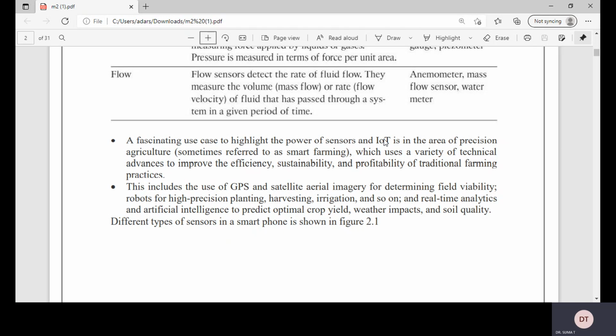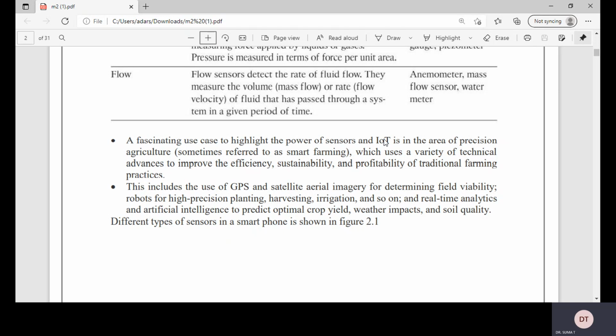Sensors come in all shapes and sizes and can measure all types of physical conditions. A fascinating use case highlighting the power of sensors and IoT is the area of precision agriculture, sometimes referred to as smart farming. When we use sensors in our farm, our agriculture field, we call it smart farming.